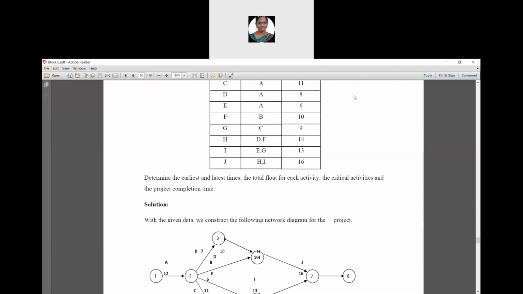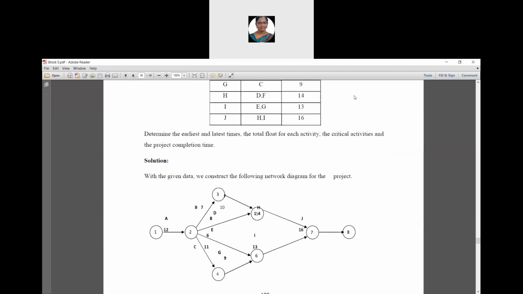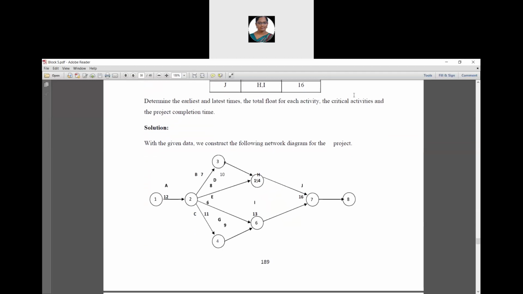So from the given data, with the help of the given data, we have to construct the following network diagram.